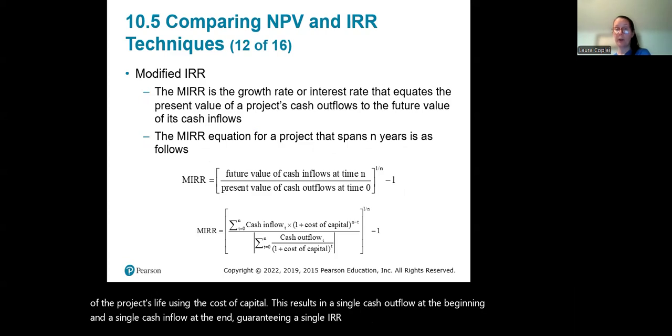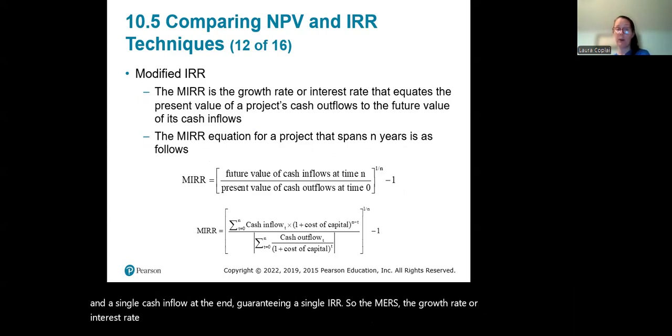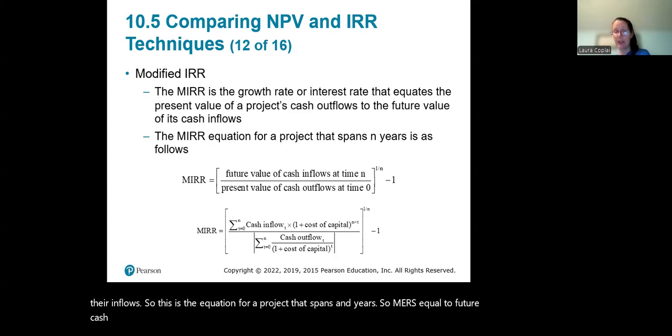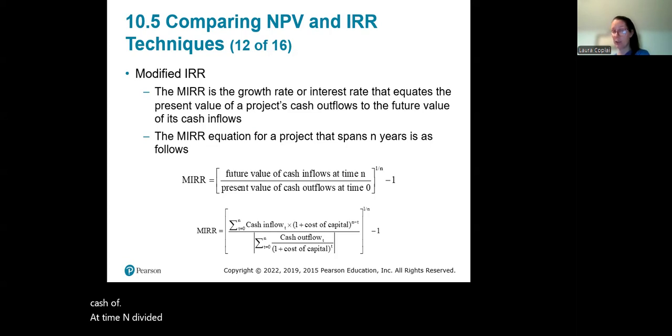So the MIRR is the growth rate that equates the present value of a project's cash outflows to the future value of its inflows. This is the equation for a project that spans n years: MIRR equals the future value of cash inflows at time n divided by the present value of cash outflows at time 0, raised to the power of 1 divided by n, minus 1.